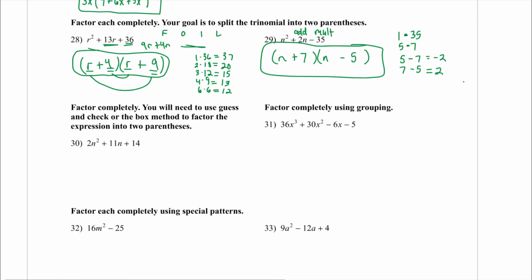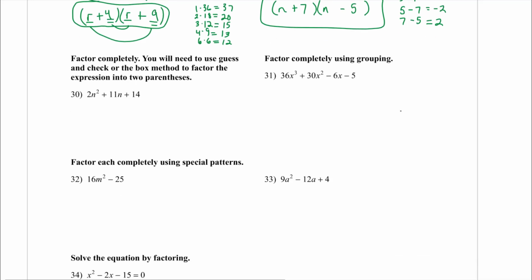On 30, it says factor completely, and it gives a hint again. You will need to use guess and check, or the box method, to factor the expression into two parentheses. There's also other ways other than the box method. There's a method called split the middle term, and there's a method called slide and divide. And so there's lots of options there.